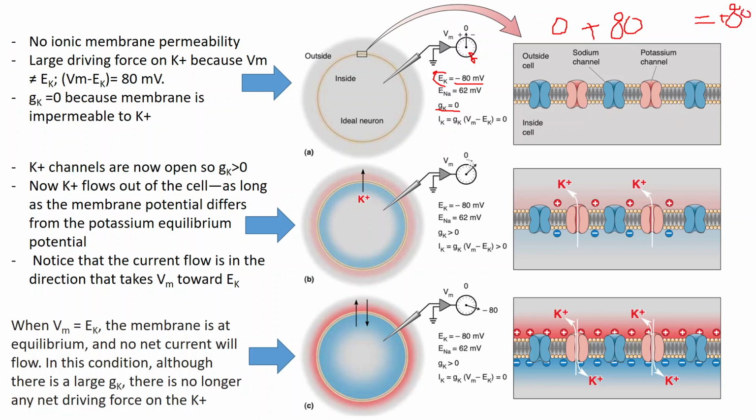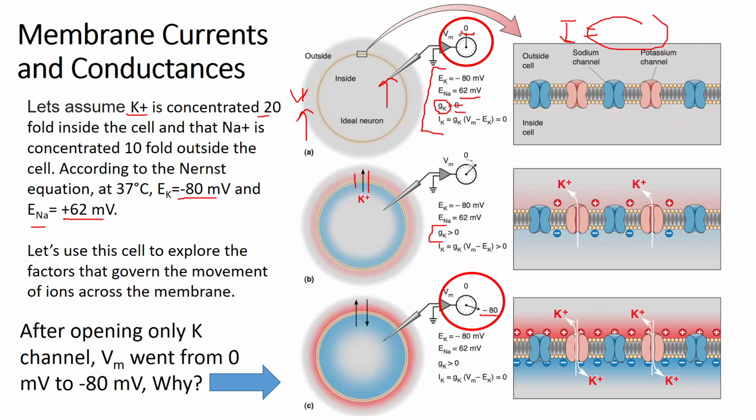When we see positive for a cation, it means that the movement is going to be outward, right? So there is an ionic driving force, but the conductance is 0 because no channels are open.